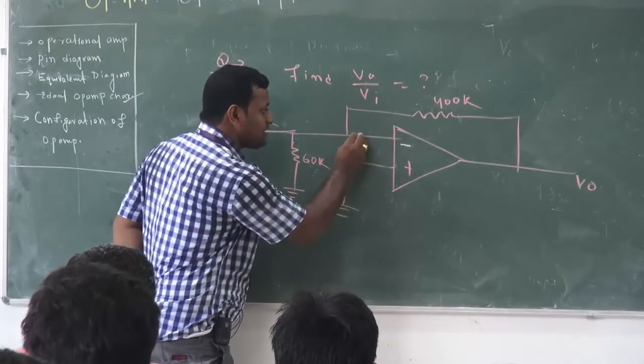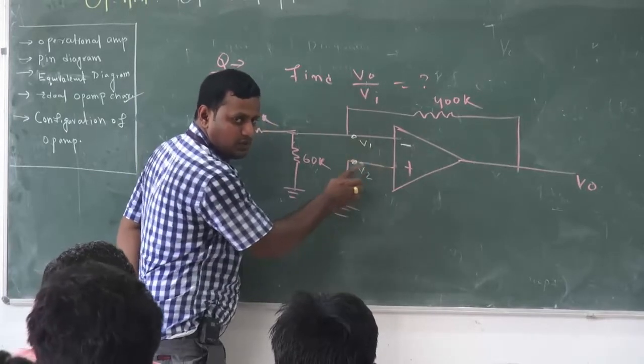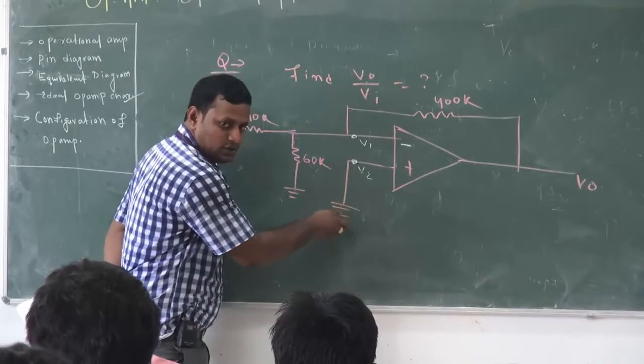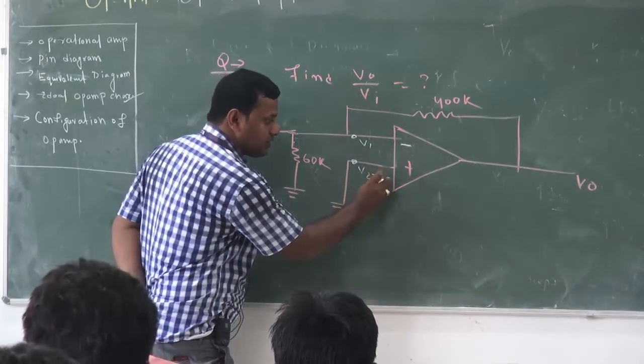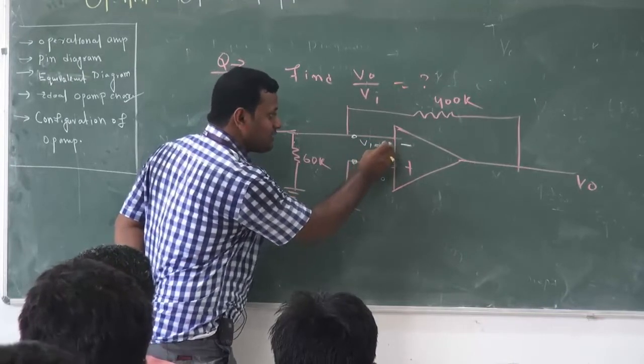So suppose this is V1 and this is V2. V1 must be equal to V2, and V2 is equal to 0 as it is grounded. So V1 is equal to 0.